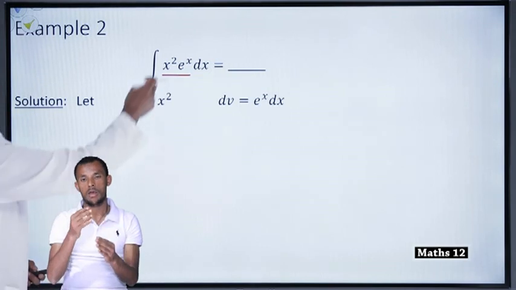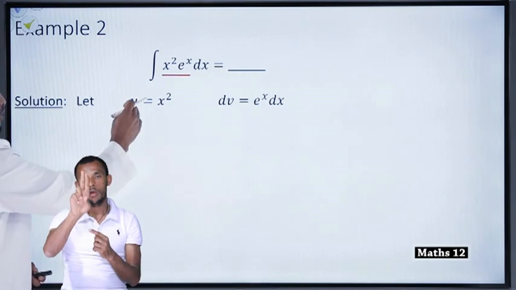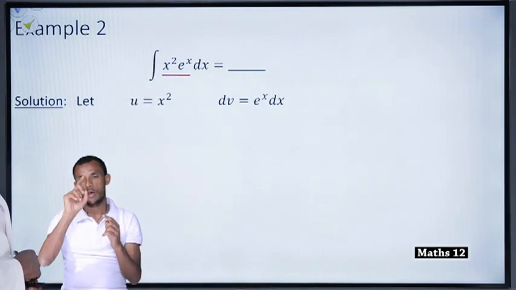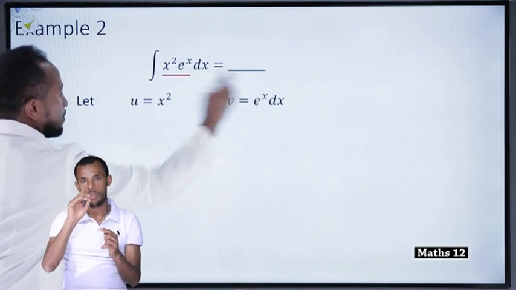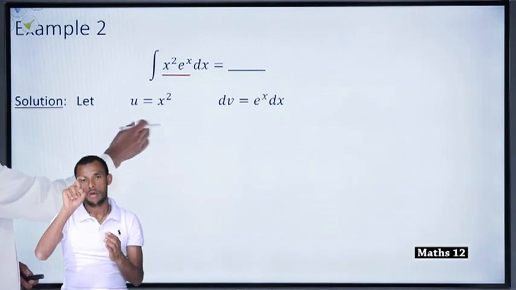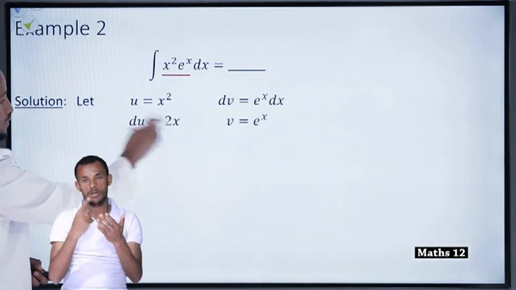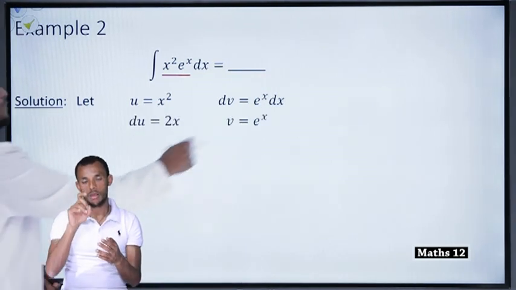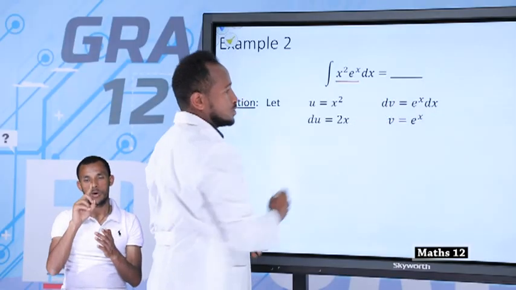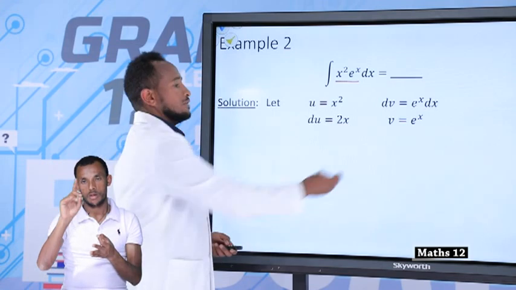Using that, assume the polynomial part to be u, therefore u is x squared, and dv, the other part, is e raised to x dx. So from this, the derivative of this expression is 2x, and the antiderivative of e raised to x dx is itself, e raised to x.